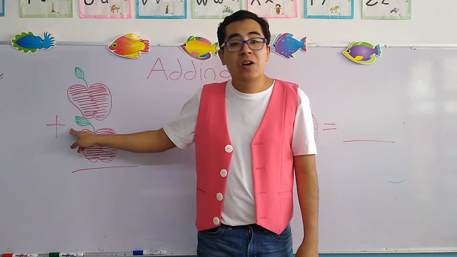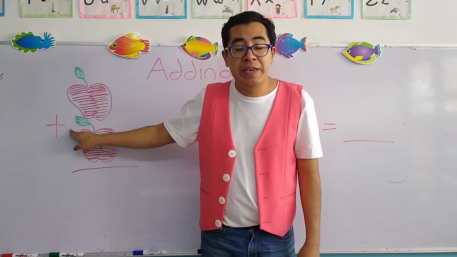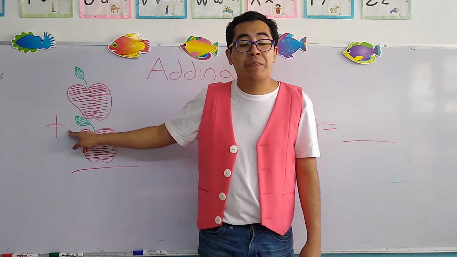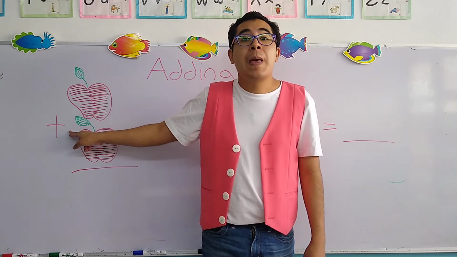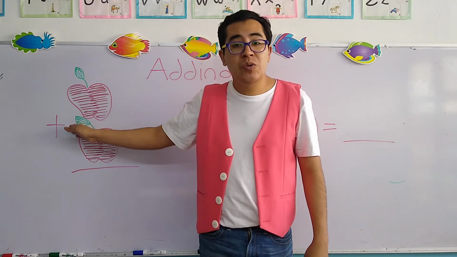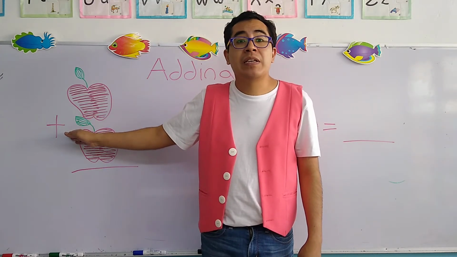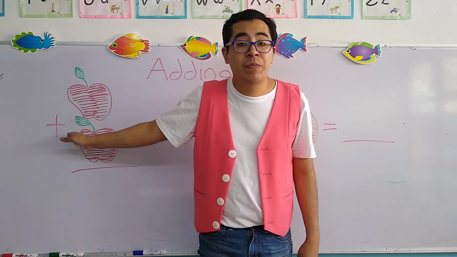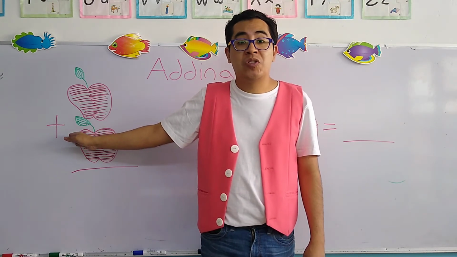One plus, now this symbol right here, este símbolo que aparece aquí, that looks like a cross, que parece una cruz, it's called plus. Whenever we see this symbol next to the object, it means it's an addition. Cada vez que tenemos este símbolo al lado de nuestros objetos, nos indica una suma.